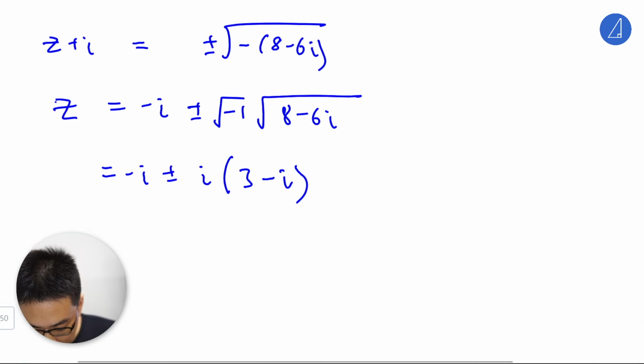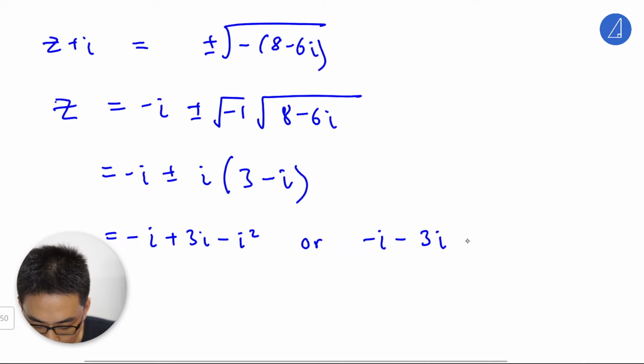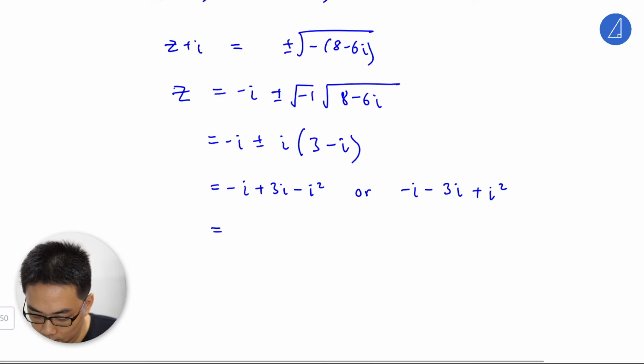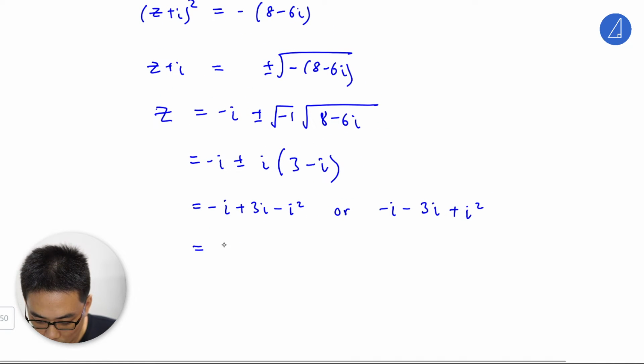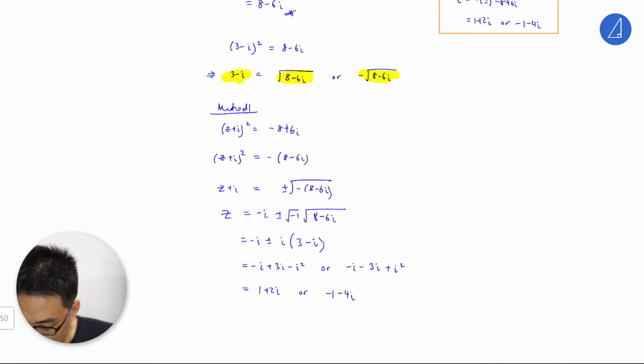Once done, we just expand this and square it. This gives 1 plus 2i. Is that the answer? Yes.